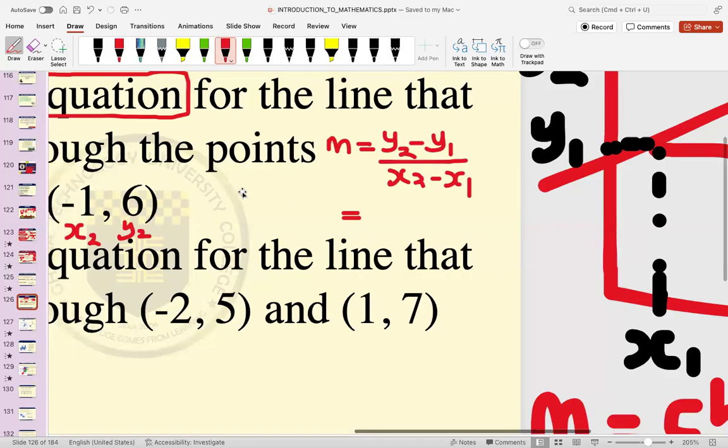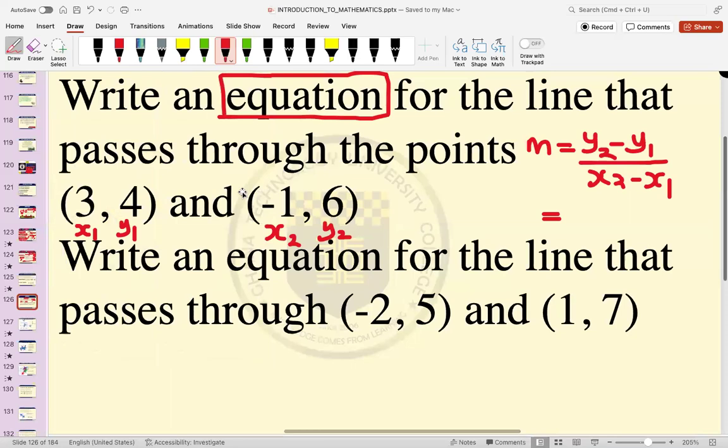So let's pick the numbers now. y2 is 6 minus y1 is 4 divided by x2 is negative 1 minus x1 is 3.